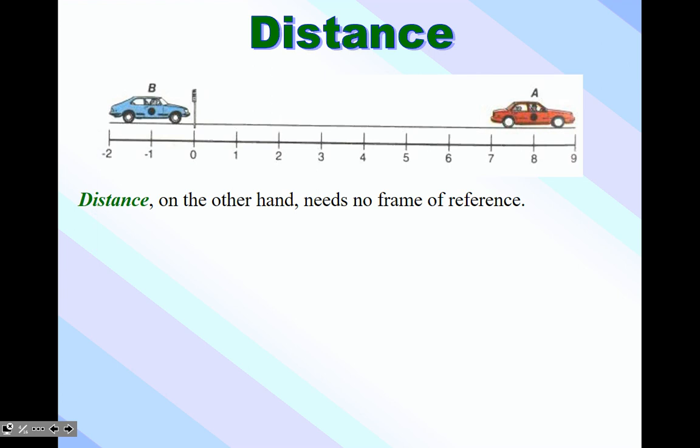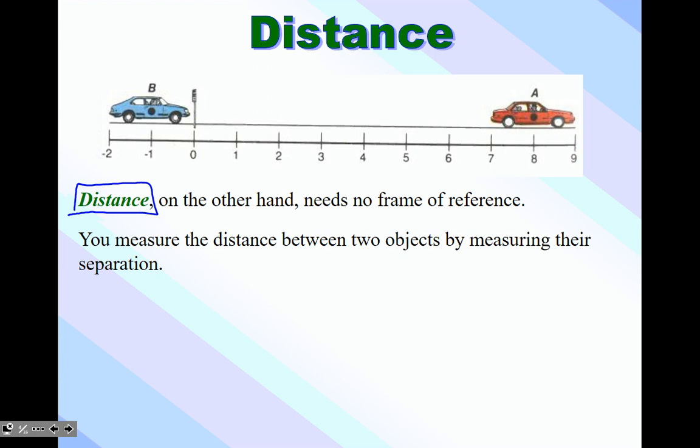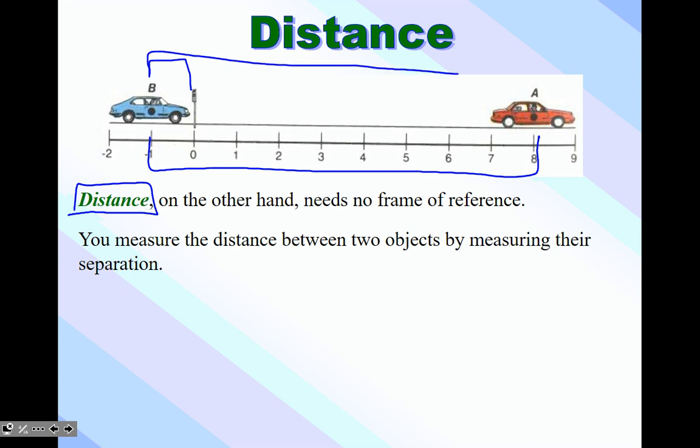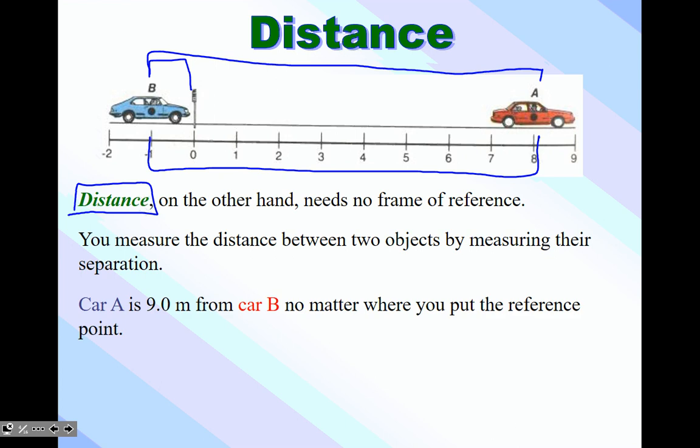Distance, on the other hand, when we're comparing distance to position, needs no frame of reference. So there's no location, there's no direction. You measure the distance between two objects by measuring their separation. So all we're doing is measuring what separates either the two vehicles, or the separation from vehicle A to the reference point, but no location or no direction.